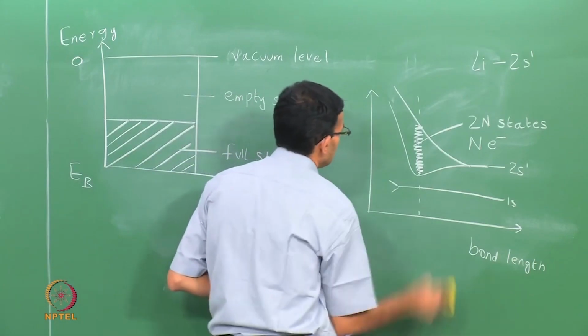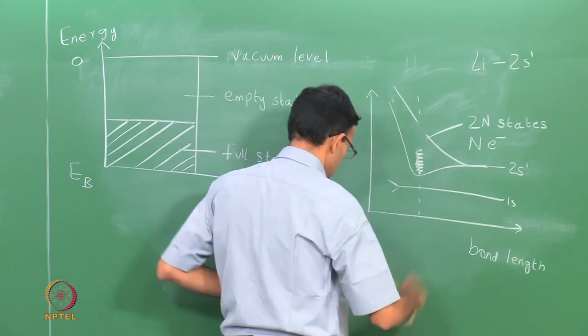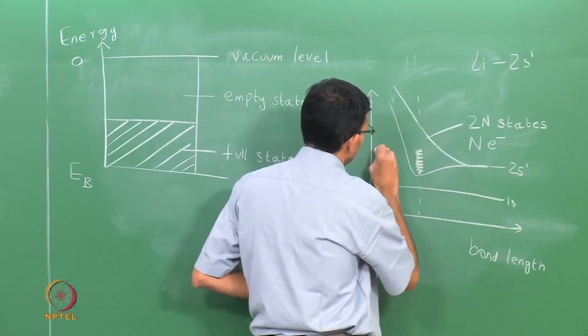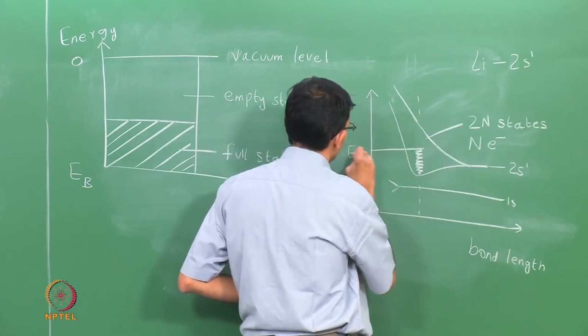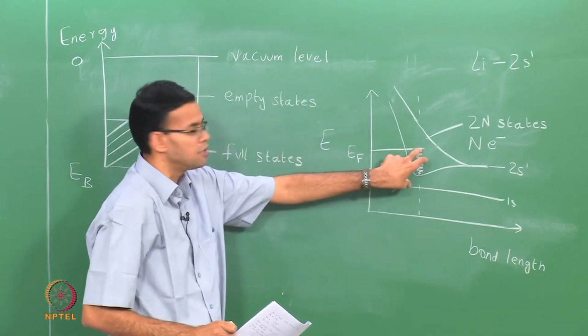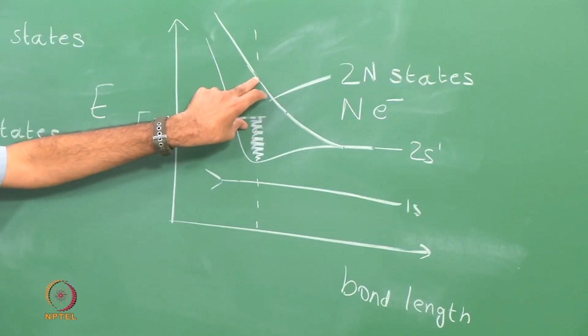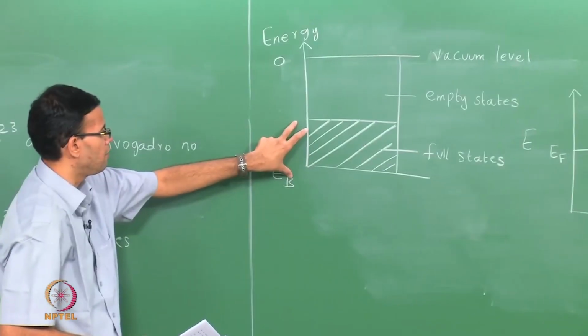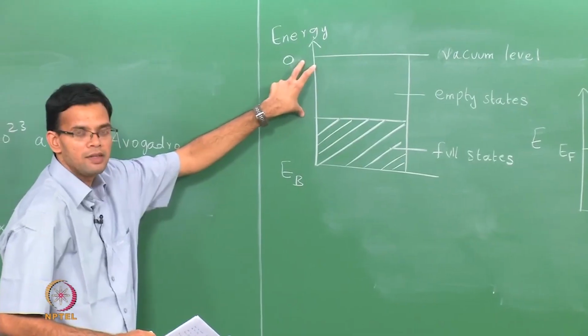So, we can erase the top half. So, you have a situation where you have half of the band that is full, half of the band that is empty. This is the same thing I have shown here.